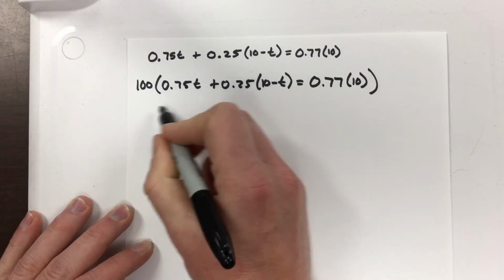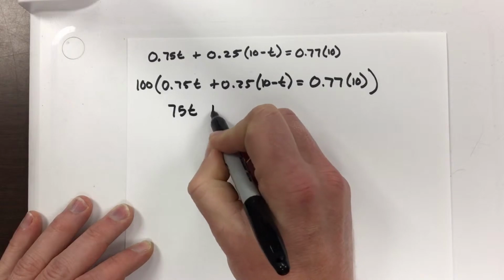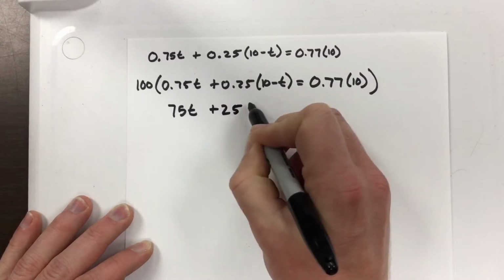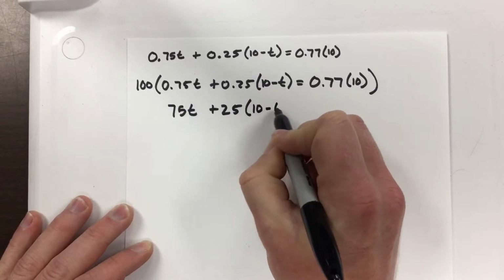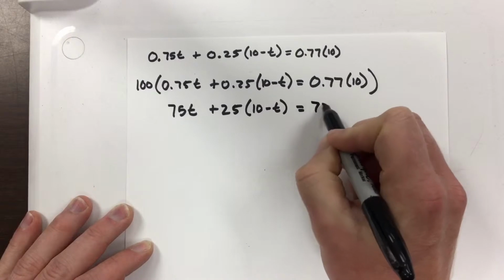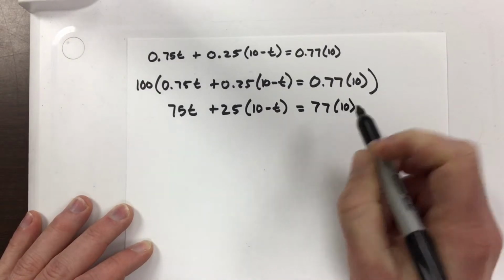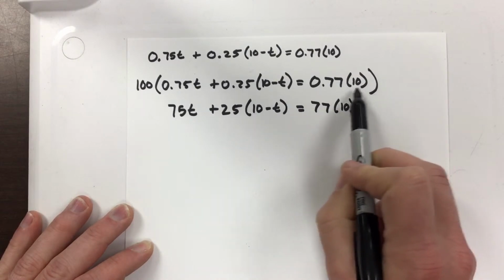As I distribute to each term, I get 75t plus 25, but I will not distribute inside of these parentheses. And I'll tell you why in just a second. 100 times here, 77 times 10. So you'll notice I did not distribute the 100 inside of the parentheses here or the parentheses here.